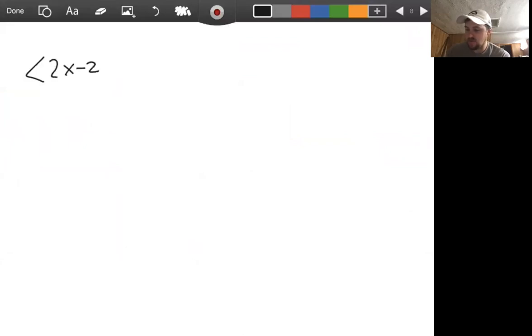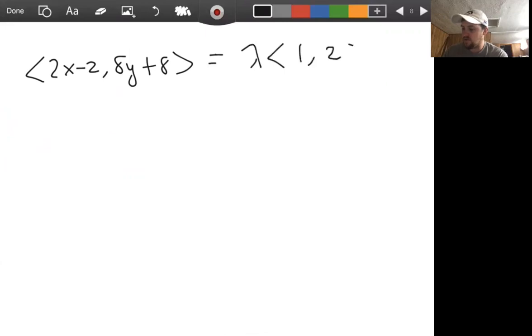Okay, and so now that we have our gradients, we set up that the gradient of f, so (2x minus 2, 8y plus 8), is equal to lambda times the gradient of g, right? And now we have that if two vectors are equal, then each component is equal. So this gives us the following equations.